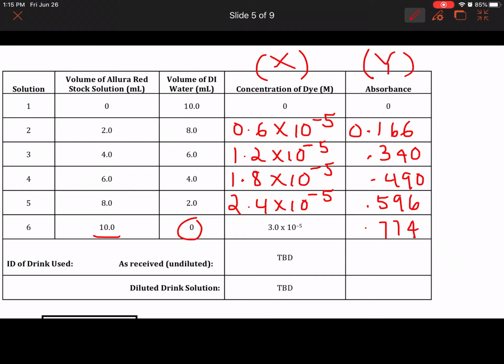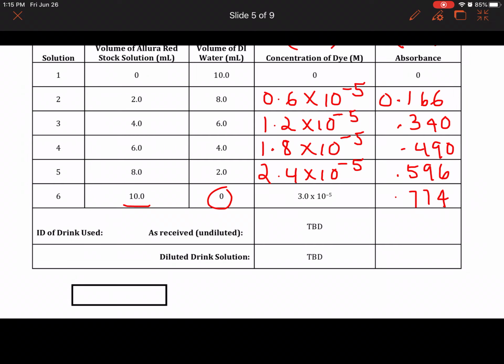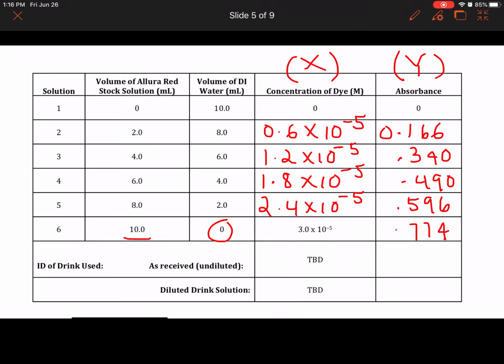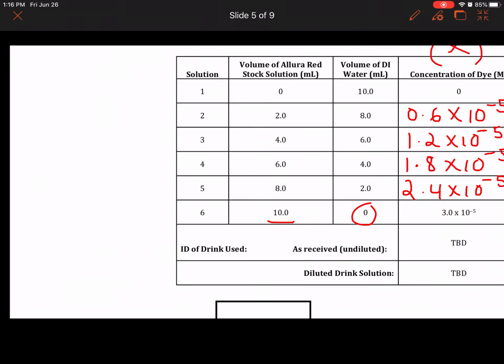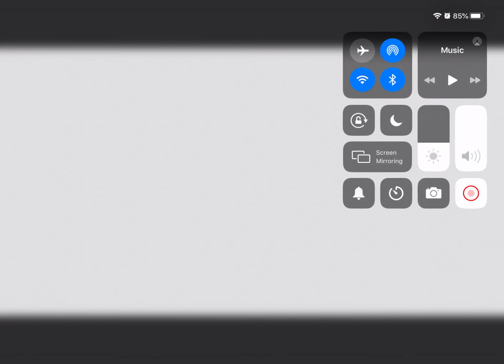You will also notice that in your data sheet, you are going to do a dilution for the Gatorade sample. Why do we have to do a dilution? Because it's highly concentrated. If you just use the Gatorade as you receive it, it's going to give us a higher absorbance. Normally, Beer's law works well if the absorbance is less than 1.